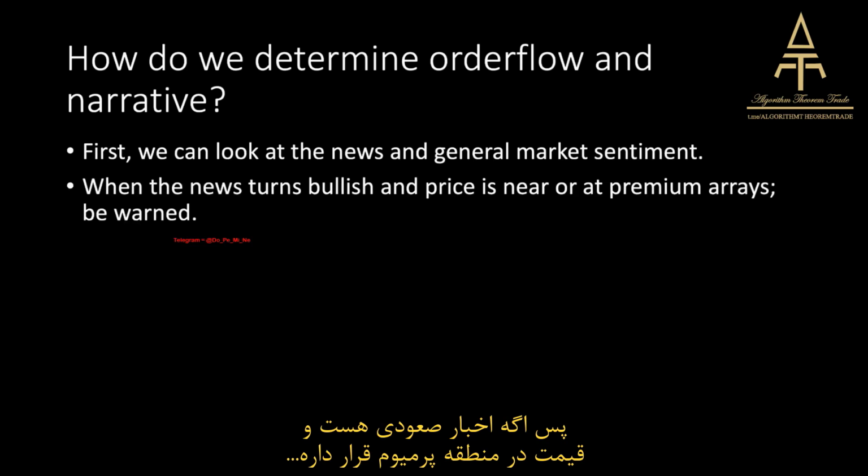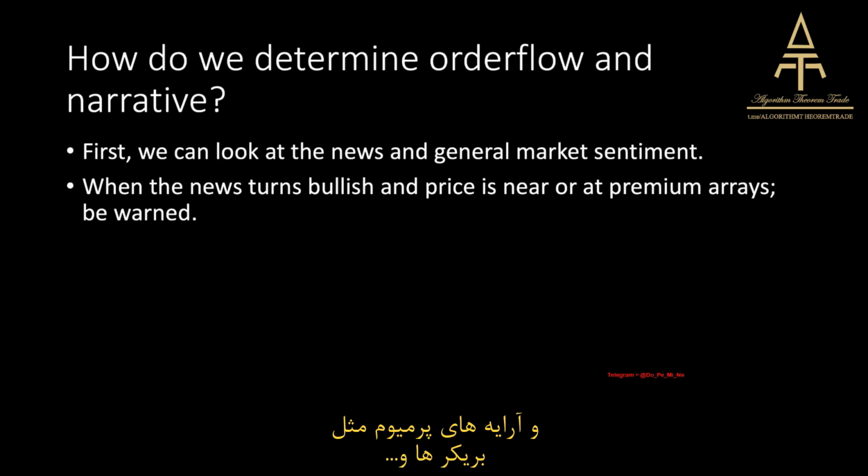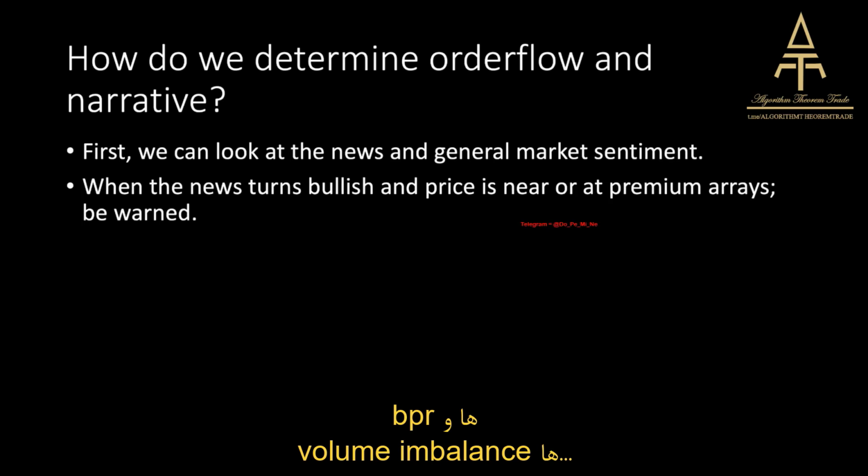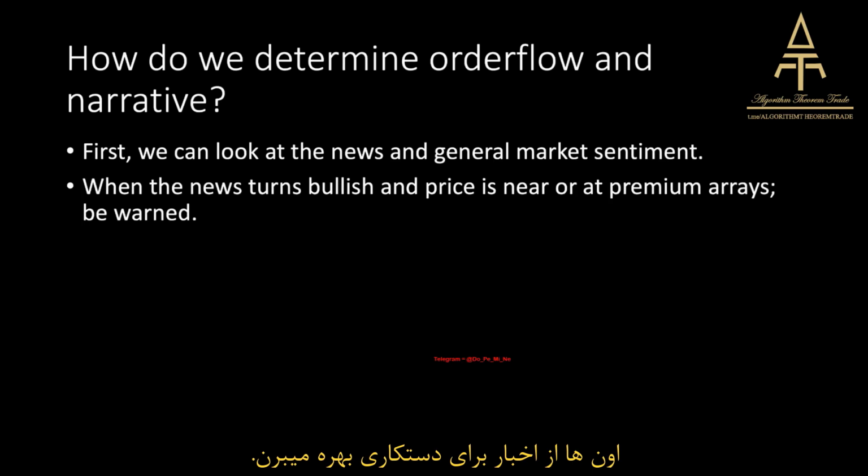So when the news turns bullish and price is near or at premium arrays, being premium breakers, premium mitigation blocks, premium inefficiencies, premium balanced price ranges, premium volume imbalance, etc., premium liquidity pools, we should be warned because we know that they use that news for manipulation purposes.